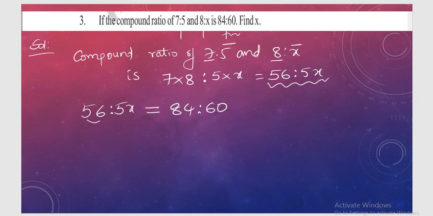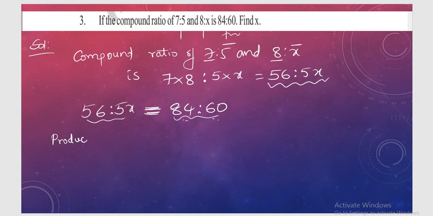So this is what we got, this is what he has given, right? Now if you observe, this is a ratio and this is also a ratio, both are equal. That means which concept we are going to use? Proportionality concept. So what is proportionality concept?